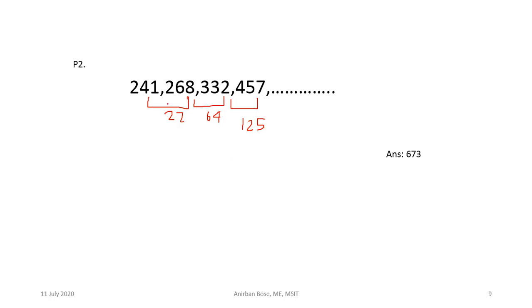Okay, so now if you see the differences, 27, 64, 125 are cubes: 3 cube, 4 cube, 5 cube. So definitely this difference will be 6 cube, that is 216. So just add 216 with 457, you will get the answer 673.